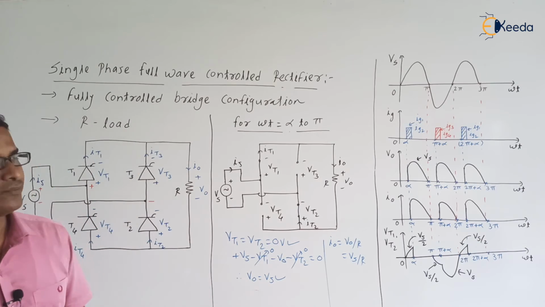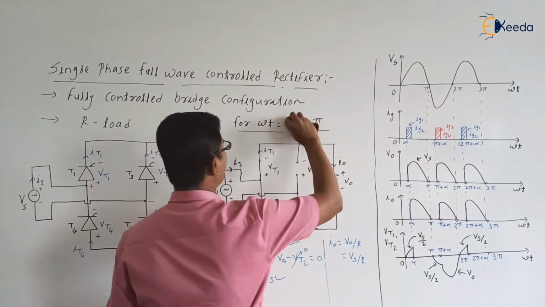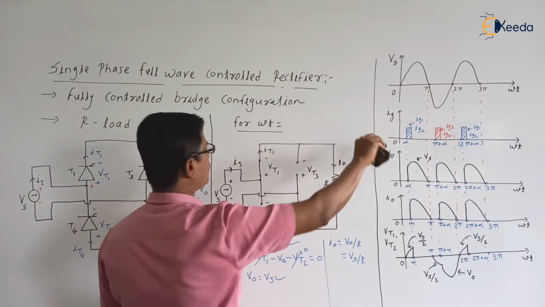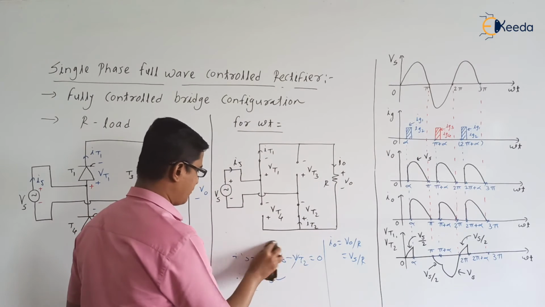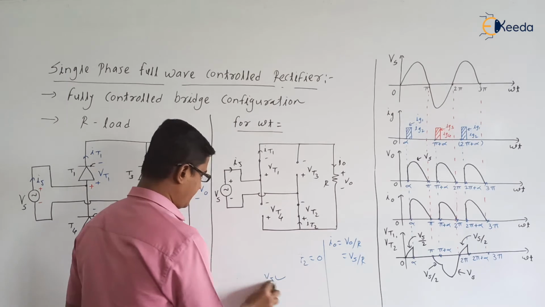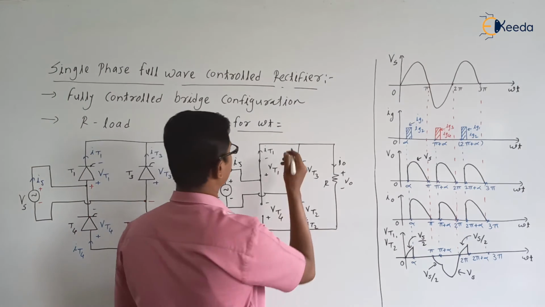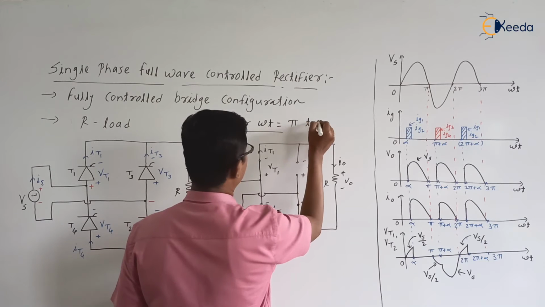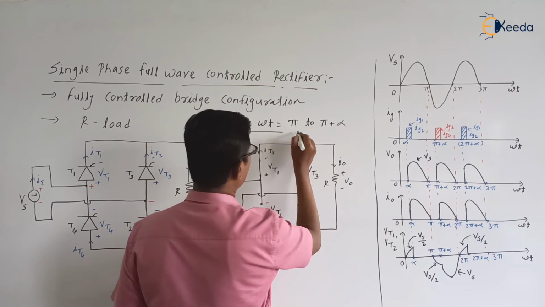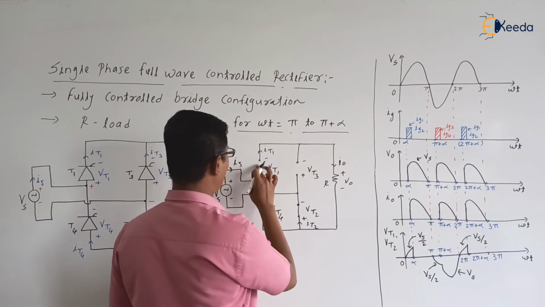After pi, what will happen? Supply voltage is reversed. So from omega t is equal to pi to omega t is equal to pi plus alpha, let us discuss. During this interval what will happen?